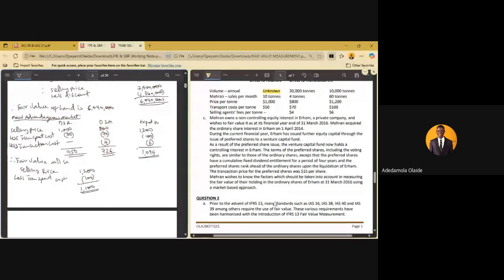The transaction price for the preference share was $15 per share. Mira wishes to know the factors which should be taken into account in measuring the fair value of their holding in the ordinary shares of Eram as at 31 March using a market-based approach.